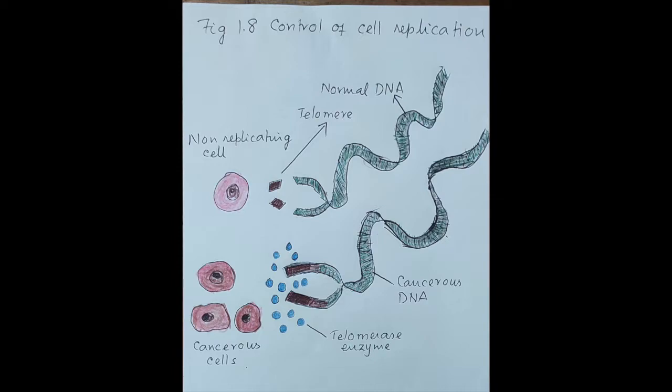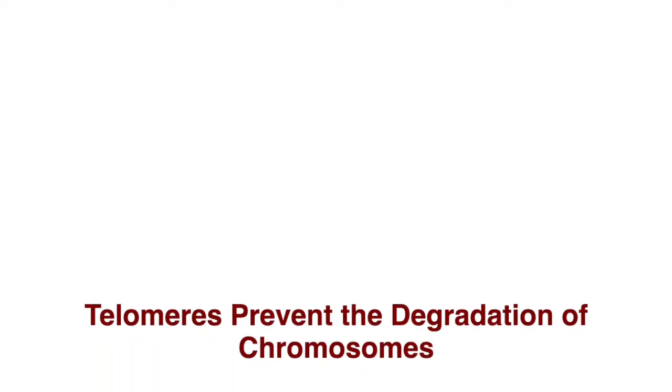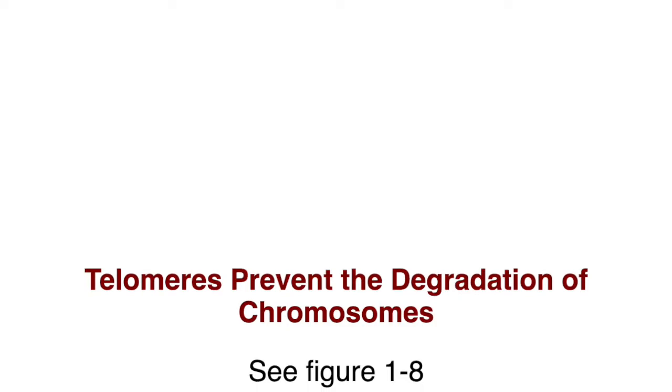Therefore, most cells of the body cannot replicate indefinitely. In cancer cells, telomerase is activated and telomere length is maintained so that the cells continue to replicate themselves uncontrollably. Telomeres prevent the degradation of chromosomes. See figure 1.8 shown earlier.